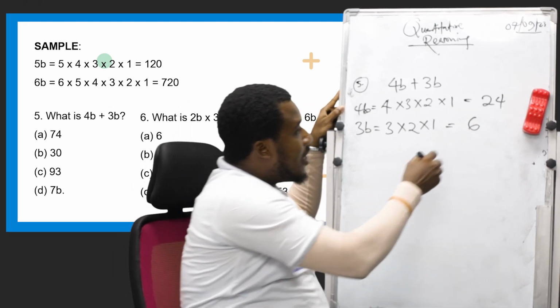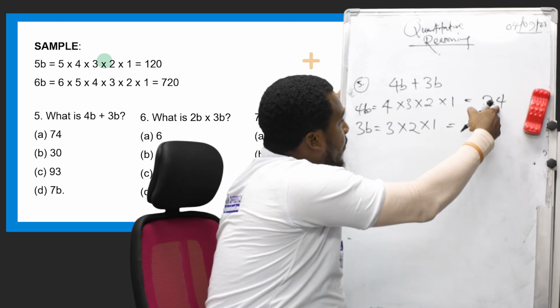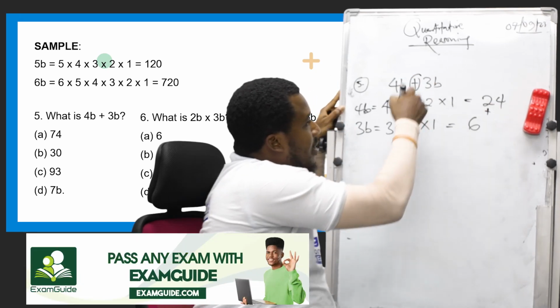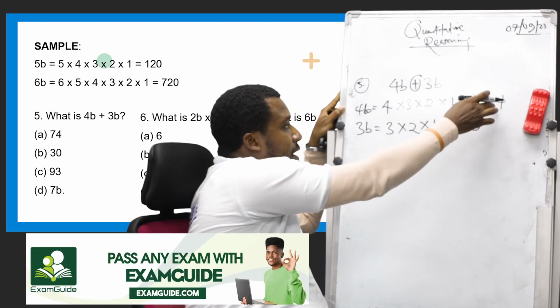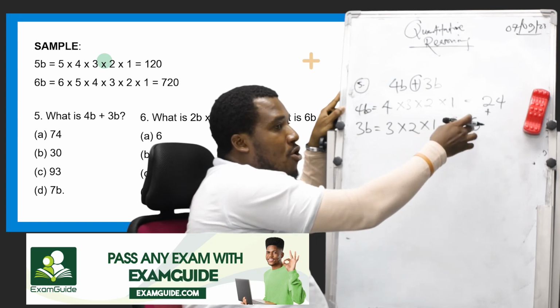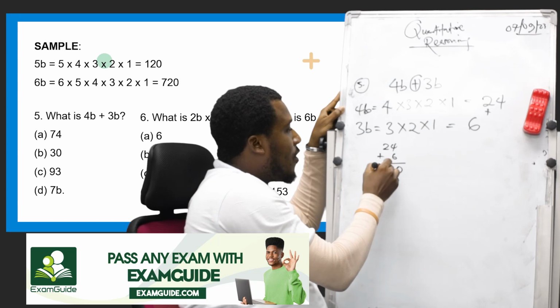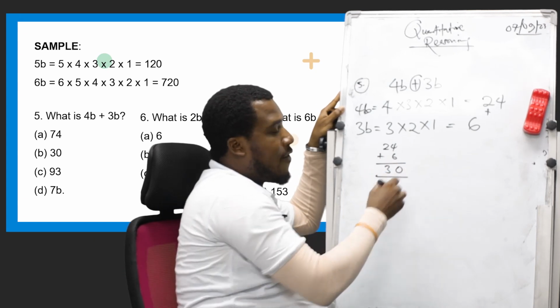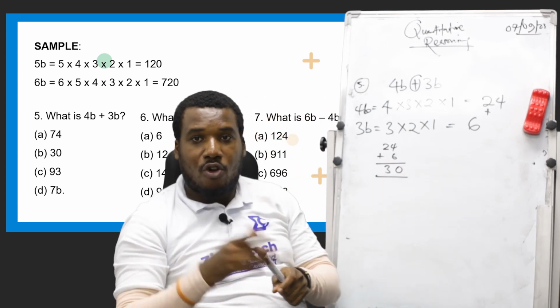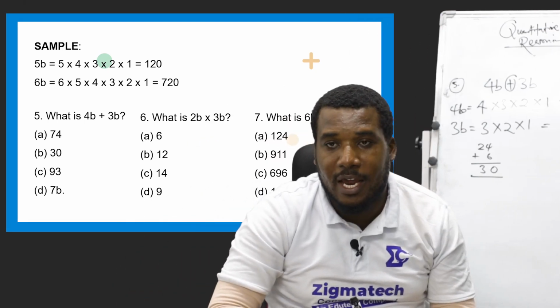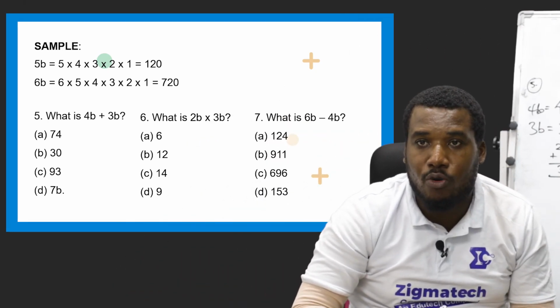Then, because there's an addition present here, the value for 4B and 3B added will give us what? 24 plus 6 gives us 30. So our final answer is 30, which is option B in that particular question.